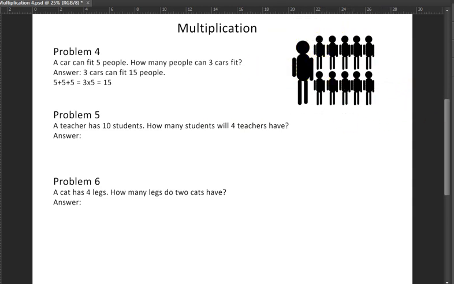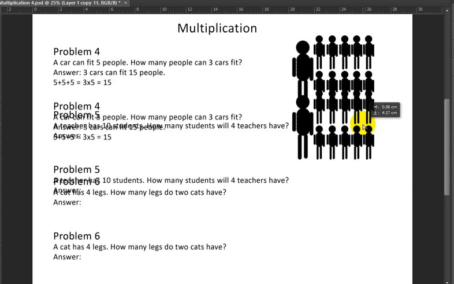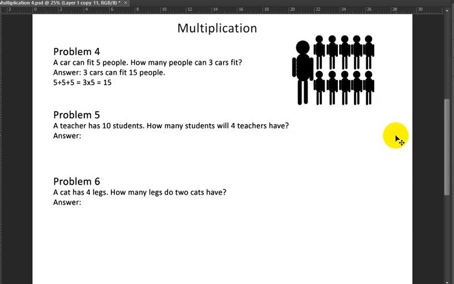And we're being asked how many students 4 teachers will have. So let's make this for, whoa, wait a minute.